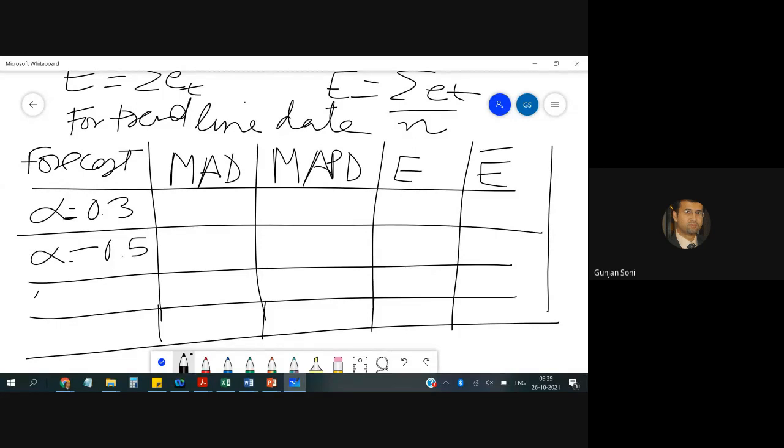You have to apply alpha equal to 0.3 and beta equal to 0.5, and linear trend line, LTL. You have to calculate all these values. Then find out which is the best technique in these four. So this is your assignment and I'm going to create that assignment right now.